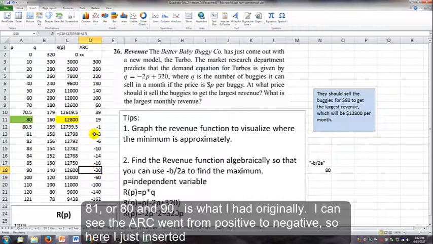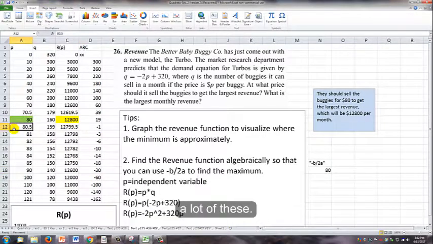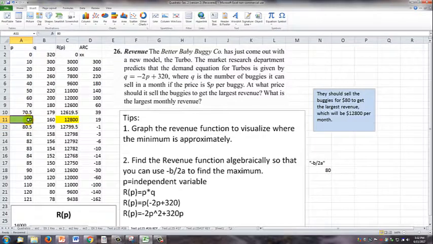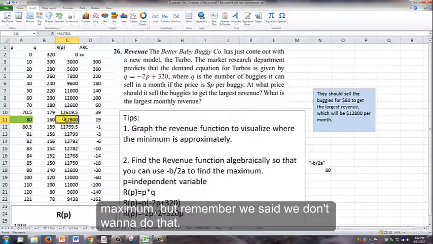I can see that arc went from positive to negative. So here I just inserted a lot of these, and I was able to use arc to get the approximate maximum. But remember, we said we don't want to do that.